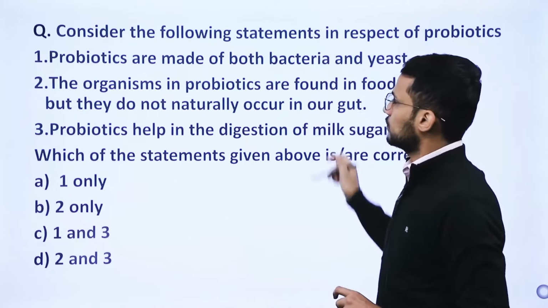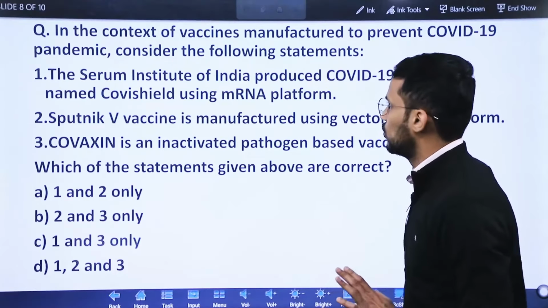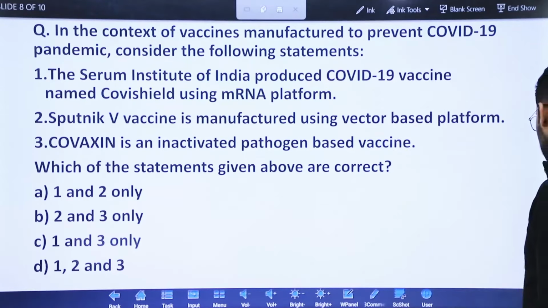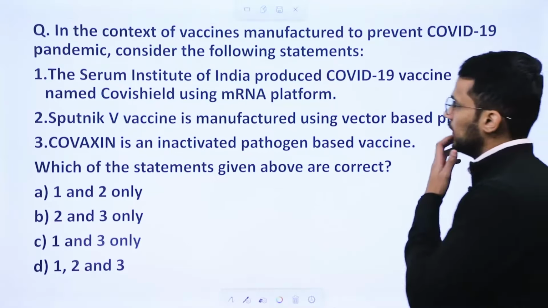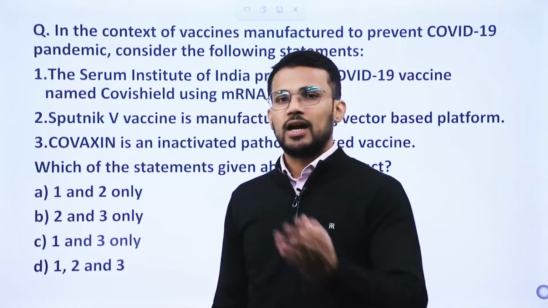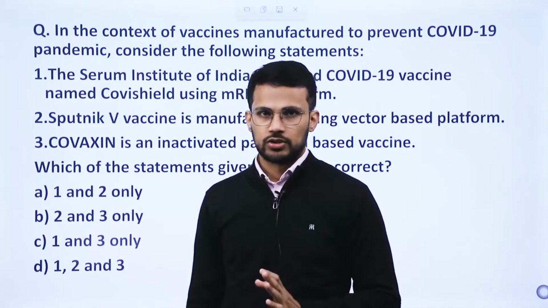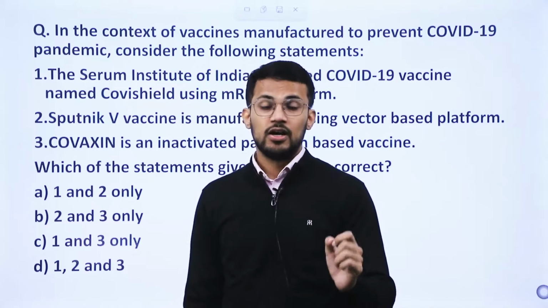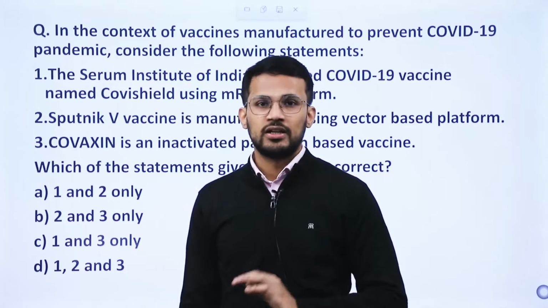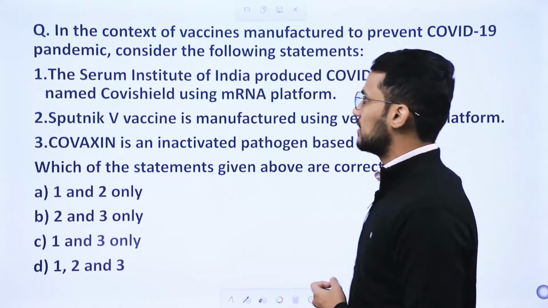Next, now this question you should have expected. It was more expected in prelims 2021, but they asked it in prelims 2022, but it was an expected question. The question is on vaccines that we have used in India, and they also asked about Sputnik V. So let us consider the question.